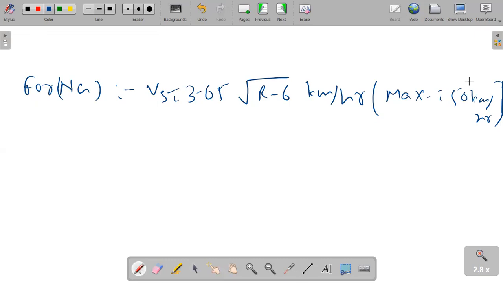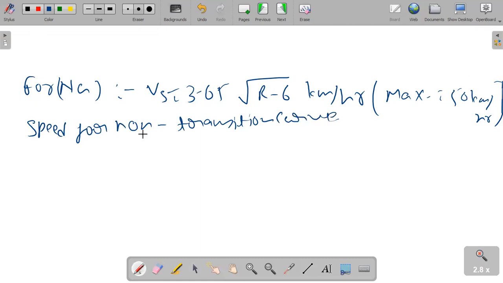Let's move on to the speed for a non-transition curve. Speed for a non-transition curve is 4 by 5 of the above in all cases.